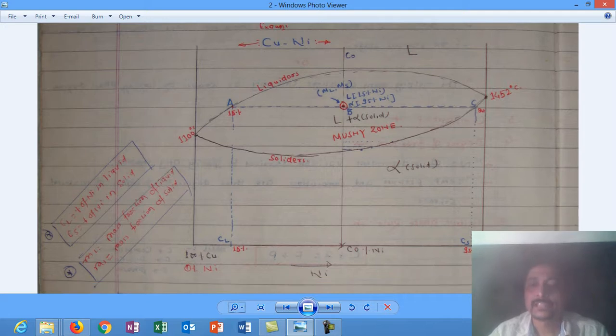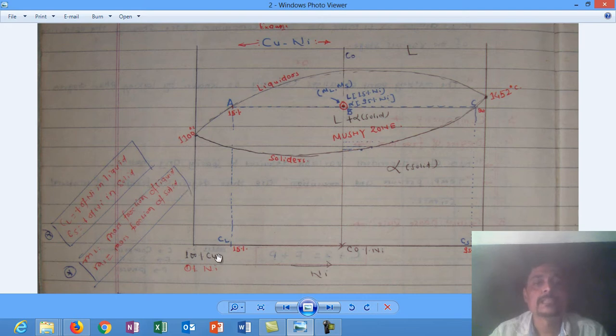Finally at this point the percentage of nickel is 100% and the percentage of copper is 0%. This is the first thing we have to understand: how the percentage of copper and nickel varies on this horizontal axis.